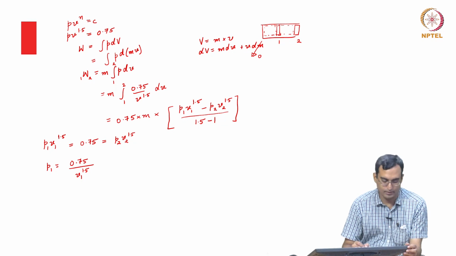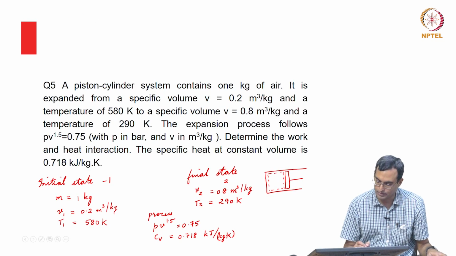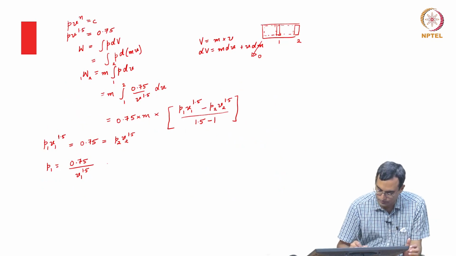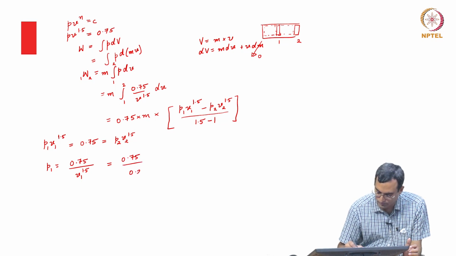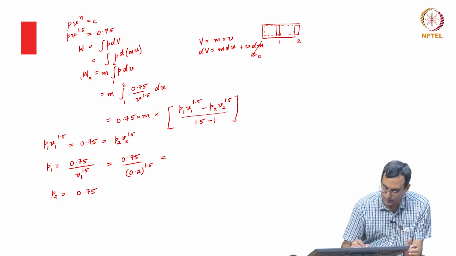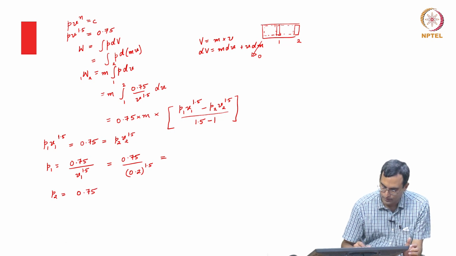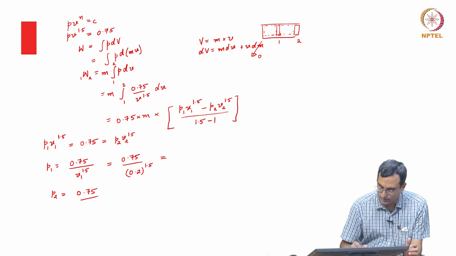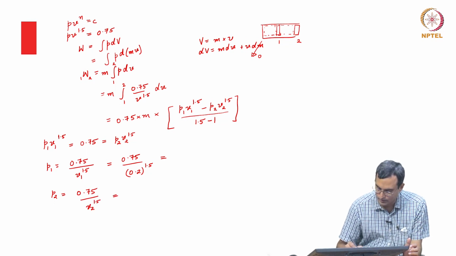V1 was given as 0.2 and 0.8 meter cube. Similarly, using this part of the expression, P2 is 0.75 divided by this.